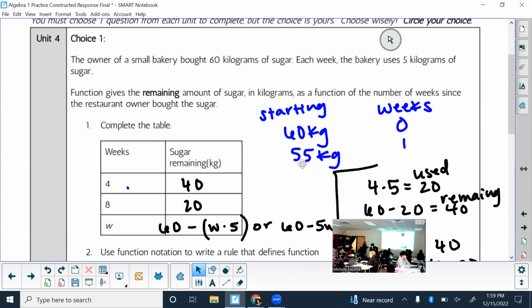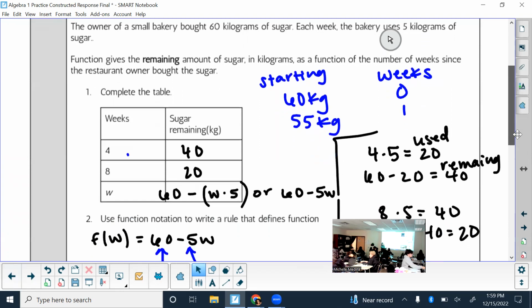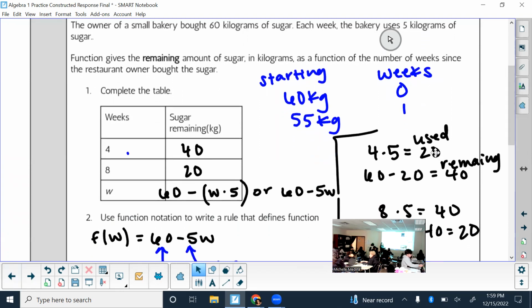55. So you could keep that pattern going, or you can figure out, well, if 4 weeks have passed, how much did I use of sugar? So I should hear more than just Kaylin.